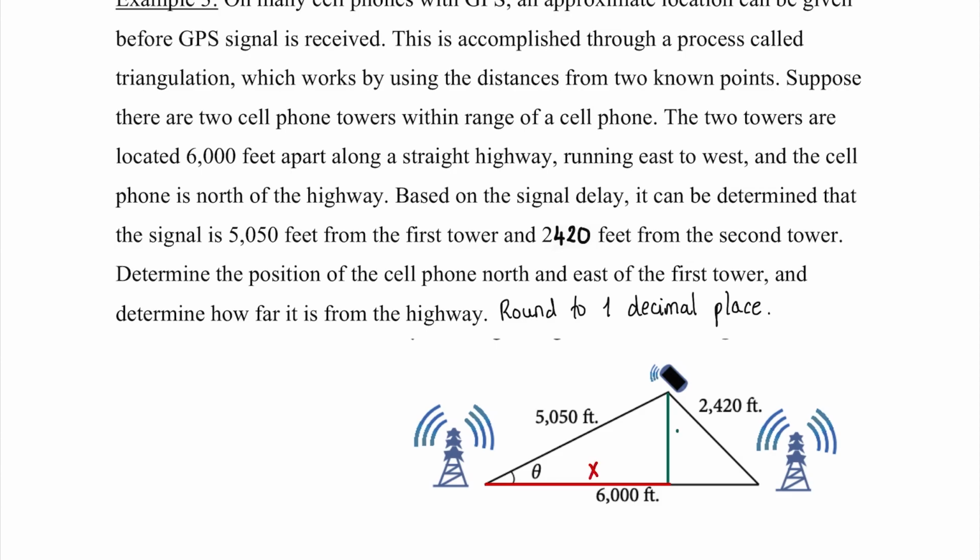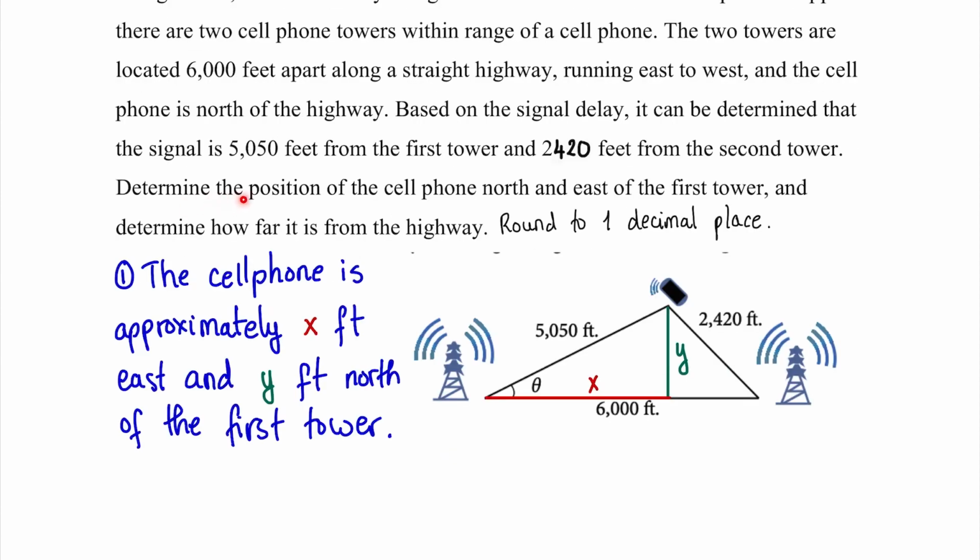Let's call the red one X and the green one Y. X will tell you how far the cell phone is to the east of the tower, and Y will tell you how far the cell phone is to the north of the tower. In order to answer the first question, I will need to find X and Y. The cell phone is approximately X feet east and Y feet north of the first tower.